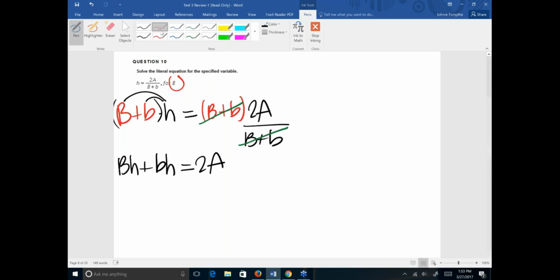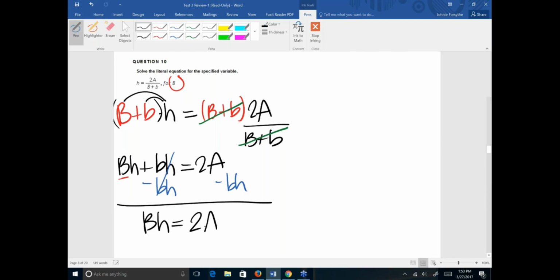I'm solving for big B, so let me move this plus bh, the small bh, to the other side: minus bh, minus bh. That cancels out, and I have big B times h equals 2a minus little b times h.